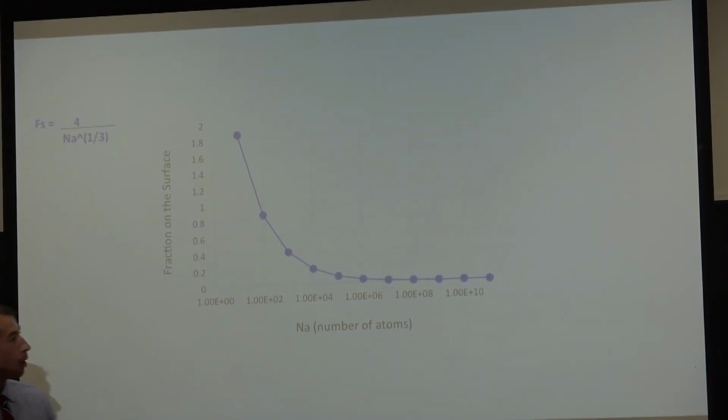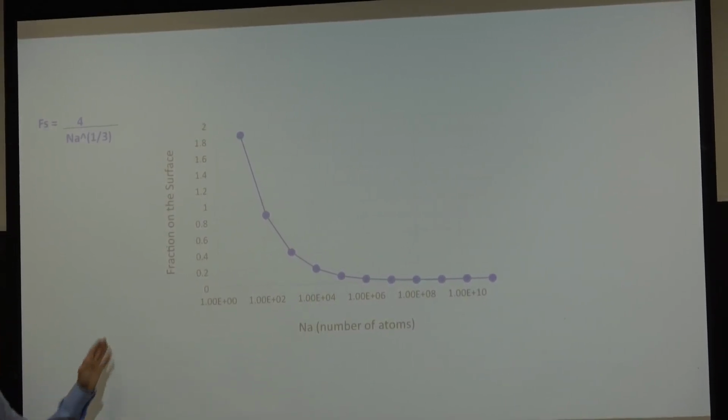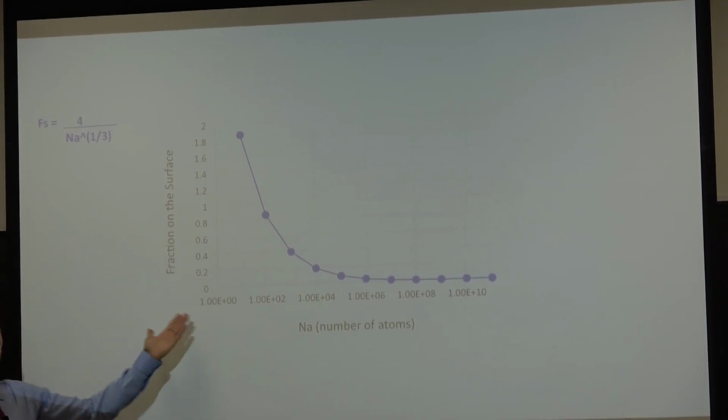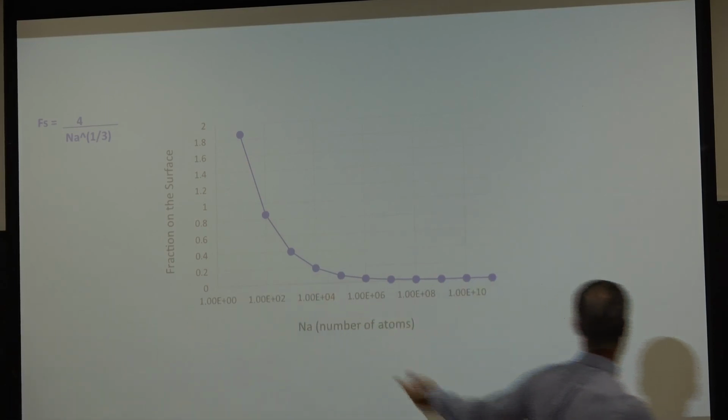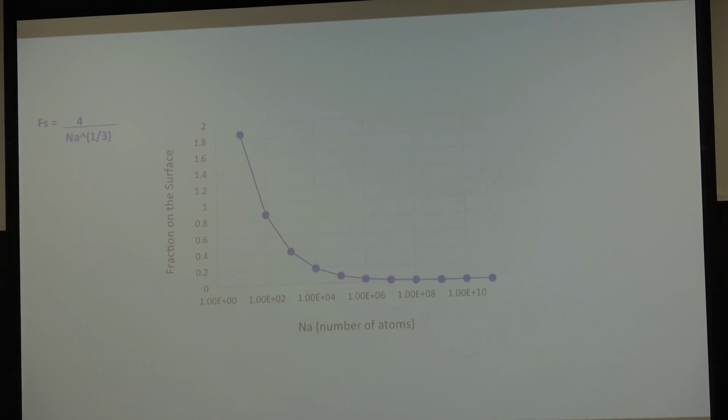We're probably going to run out of time. There are a few more things I want to hit on next time, but this is what this looks like. So what should drive you crazy as soon as you look at this? Is the fraction greater than one? Exactly, because if you had one atom in your cluster, what fraction would be on the surface? 100%, right?